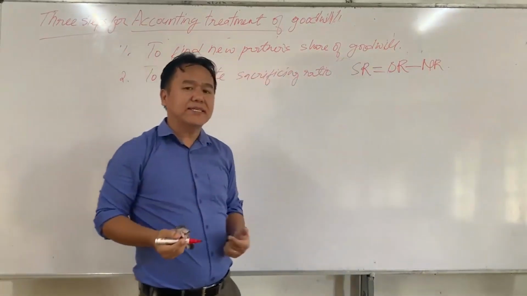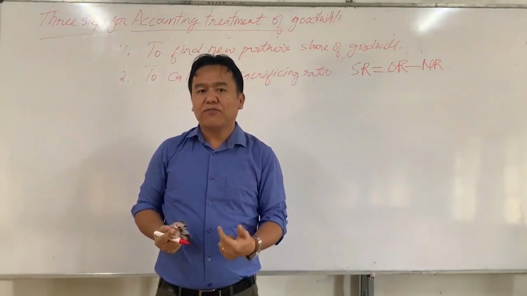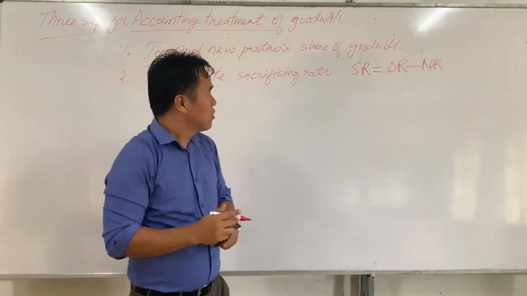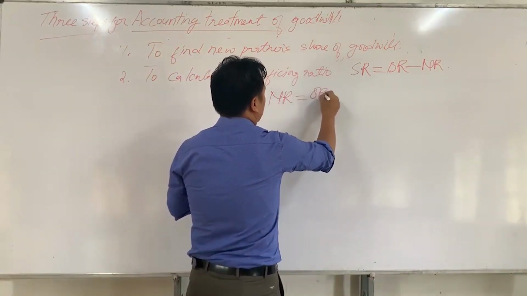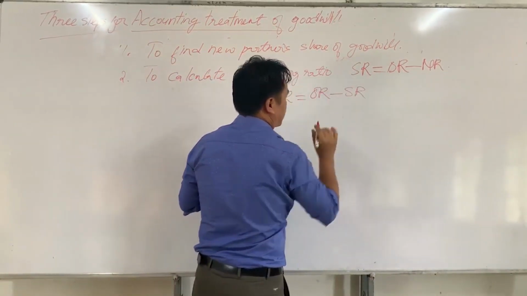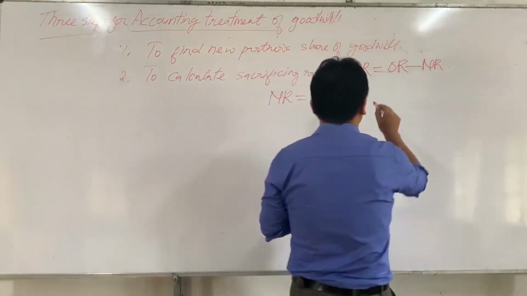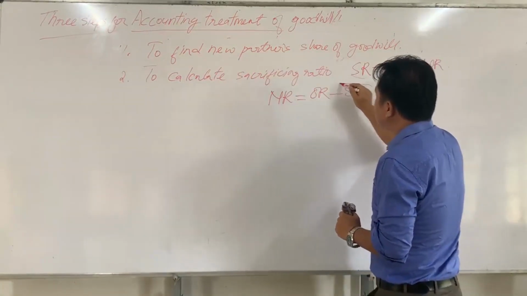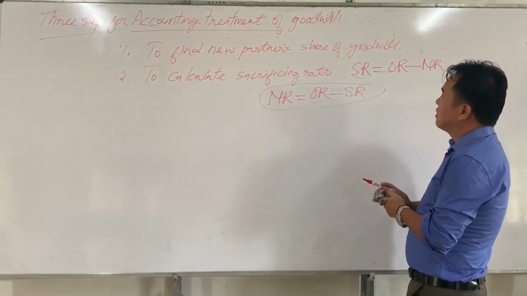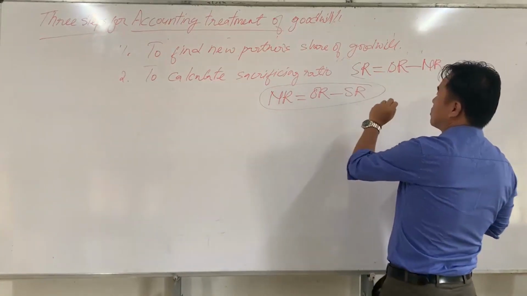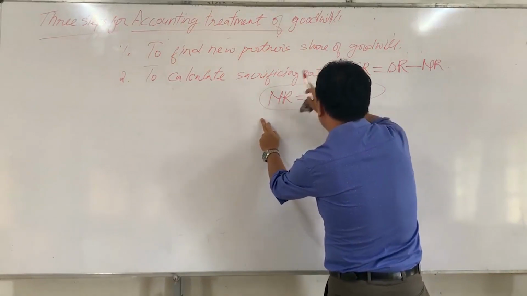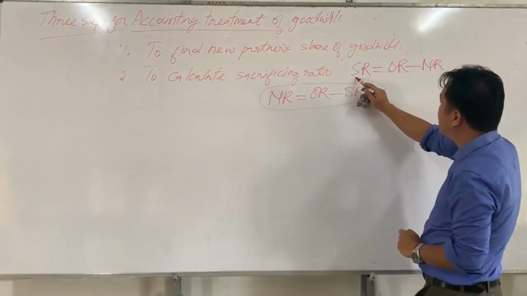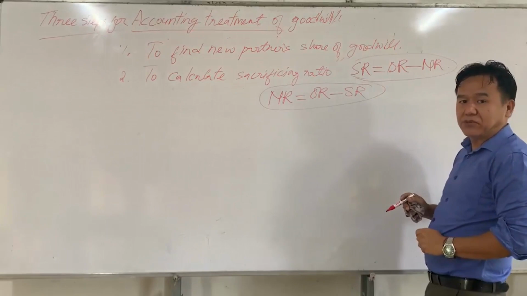As we have already discussed, new ratio is equal to old ratio minus sacrificing ratio, which means we derive the sacrificing ratio from this equation. How? If we transpose sacrificing ratio to the left hand side and new ratio to the right hand side, we will get the formula of sacrificing ratio.